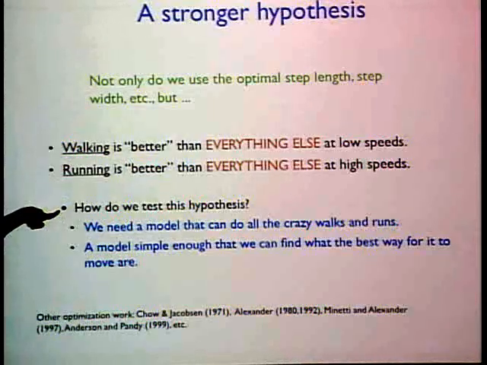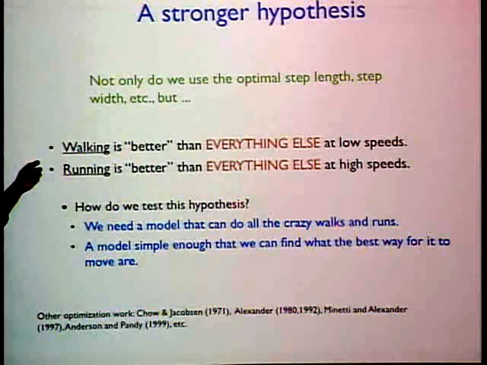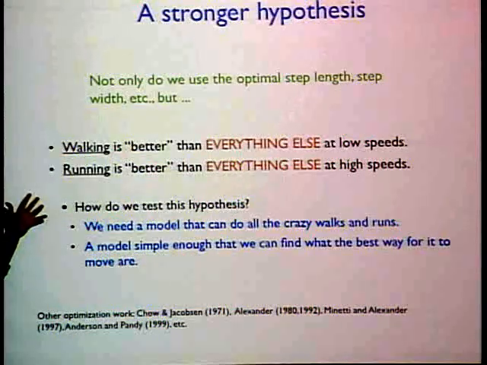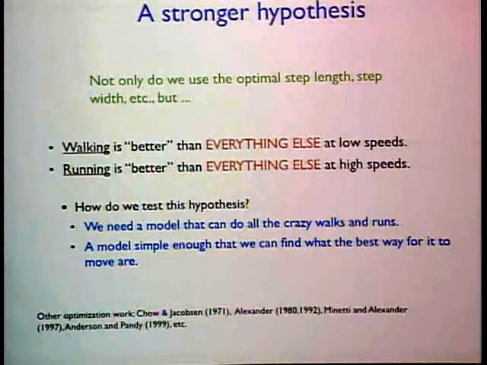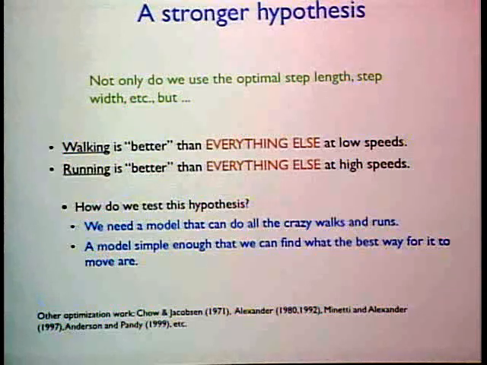Now, how do we test this hypothesis? Well, we can do an infinity of experiments making people walk in all the crazy ways that guy did, and then see what the energy cost is, and then compare it with normal human walking and running and show that it's higher. That's one way to go.